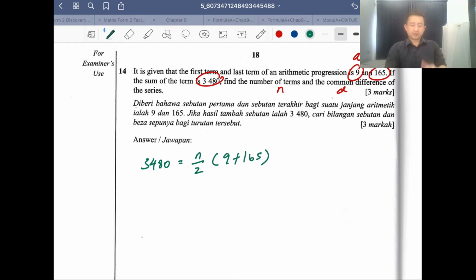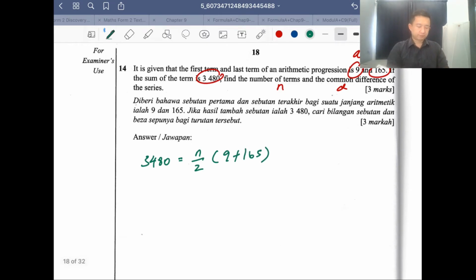Then I can figure out the number of terms. The number of terms is 40.